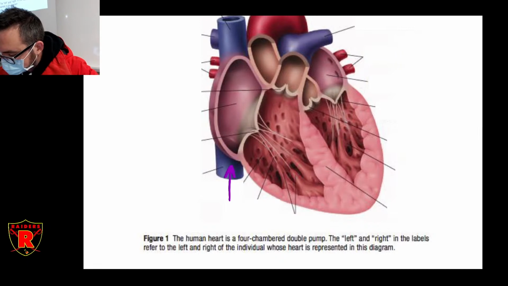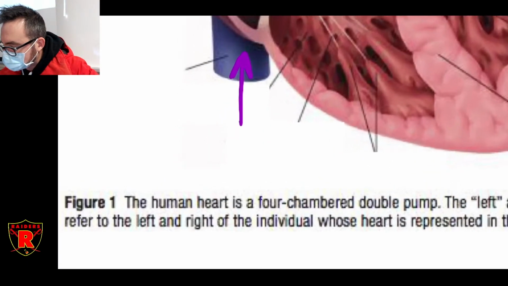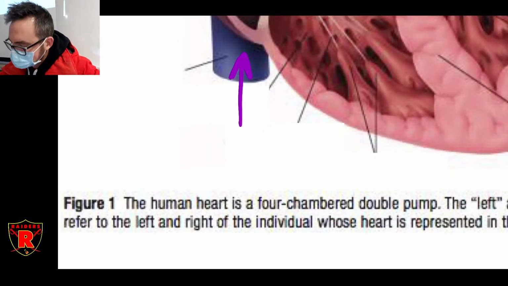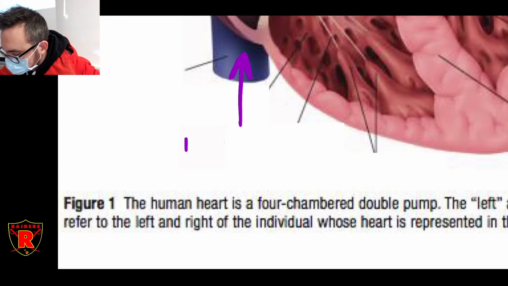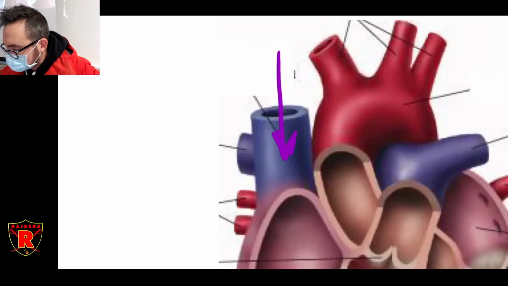Okay, so we've got blood coming in here and blood coming in here. So this would be blood from the lower body. And then we've got blood coming back from the upper body.